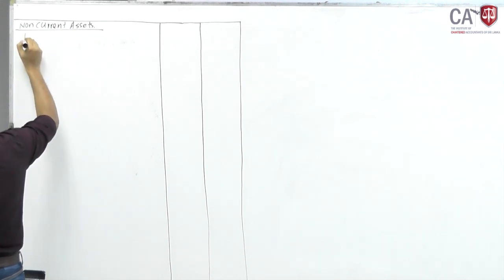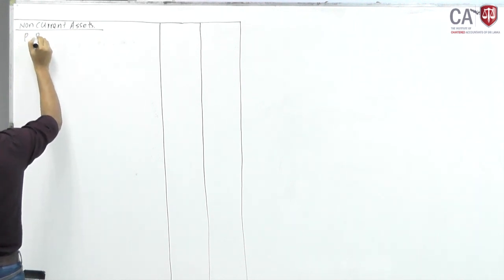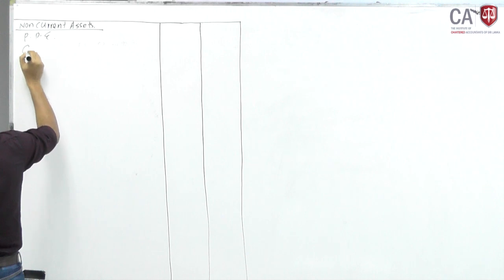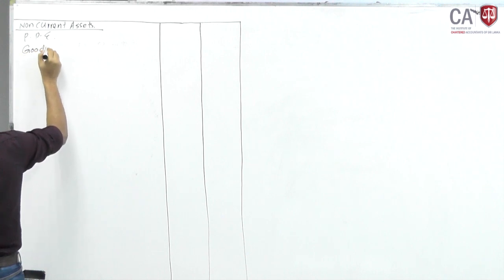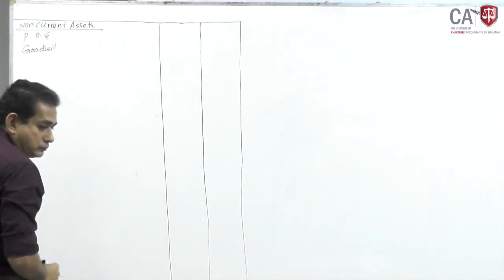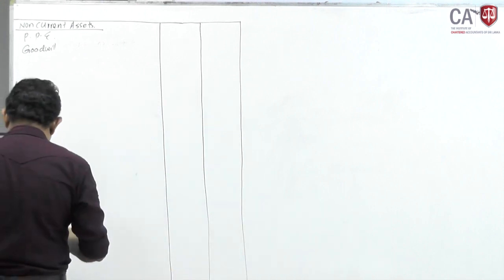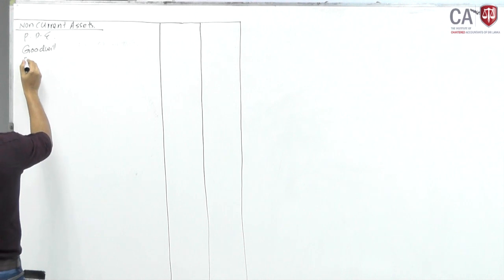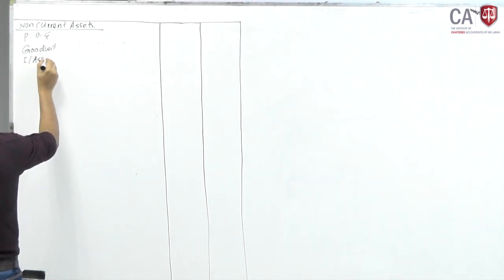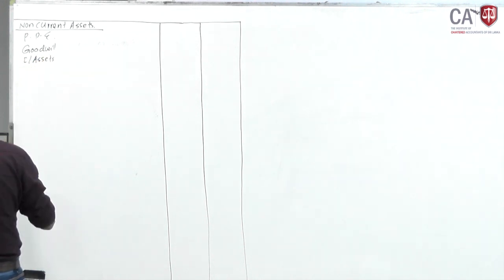Non-current assets: property, plant and equipment, goodwill, intangible assets, we will leave some room here.